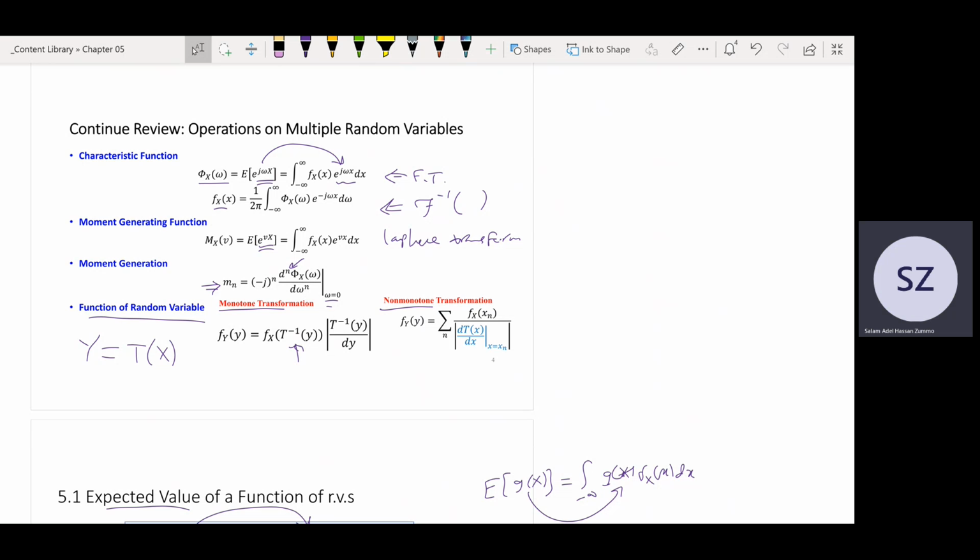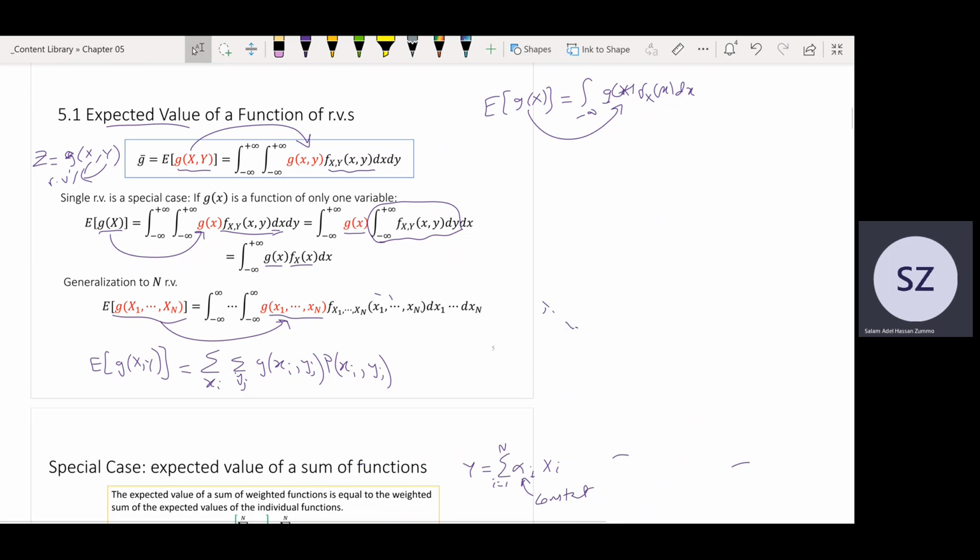However, when you have y equal t of x1, x2, then you use the equation that we did in chapter 4.